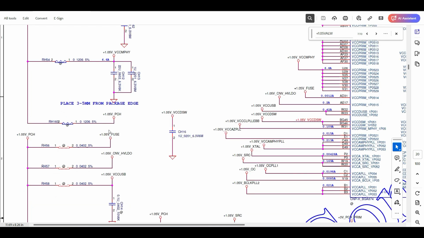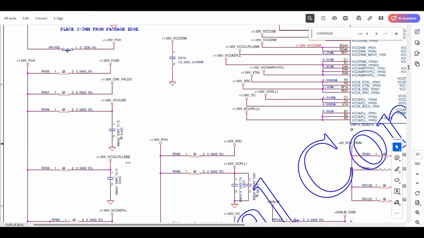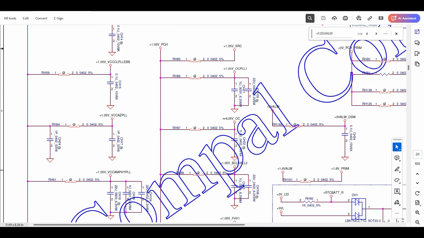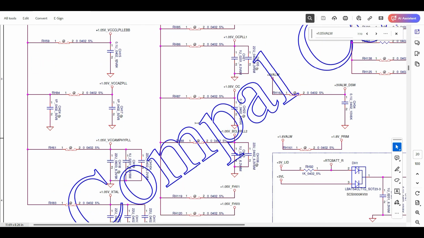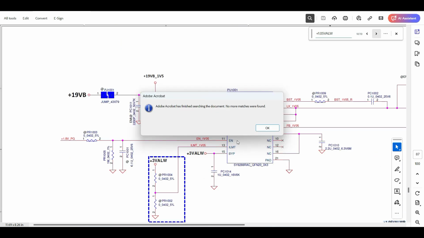Here also some fuse, using this fuse HV LDO USB VCC, and here PLL EBB, and here SRC CPLL1. See, so many voltages are converting from 1.05 volts PCH. See, 1.05, that's it. Now we will check 1.8 volts always.